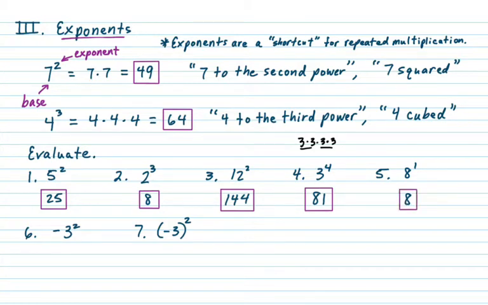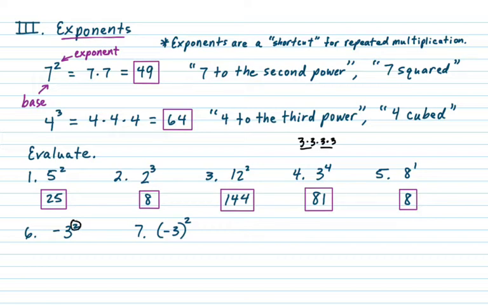And then we get to numbers 6 and 7, and they look very similar. How would I say these? Negative 3 squared, and negative 3 in parentheses squared. Pretty much the same way. Is there a difference in their value? And the answer is yes. If the negative is out front, then we end up getting a different answer than if the negative is inside with the parentheses. So here's why.